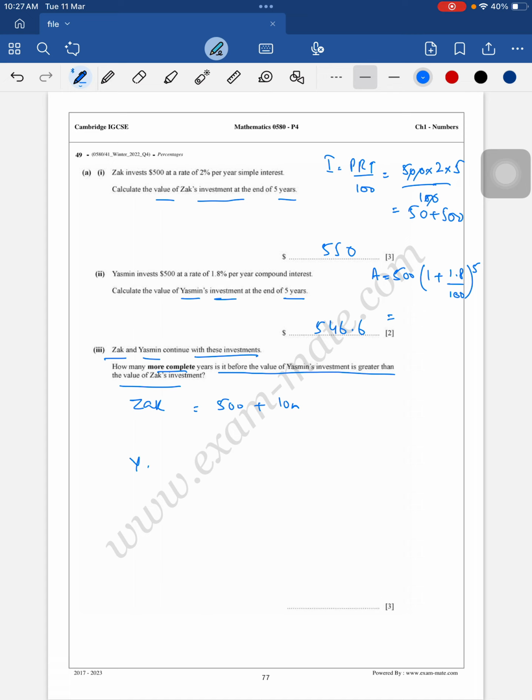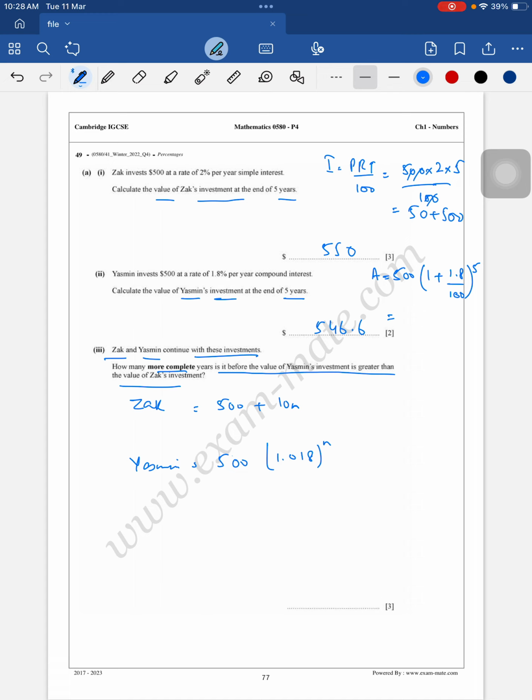And for Yasmin we have 500 into 1 plus 1.8 upon 100. So it is 1.018. 500 into 1.018. Clear? So we got the answer for 5.